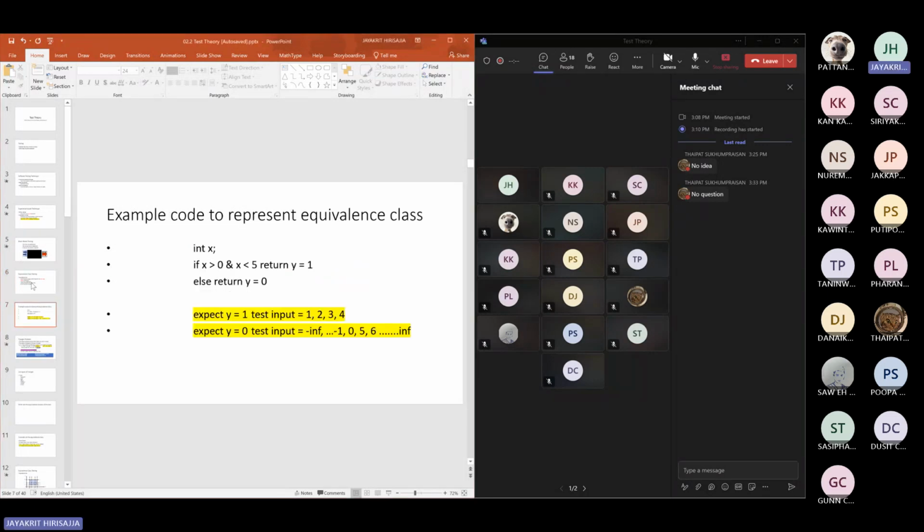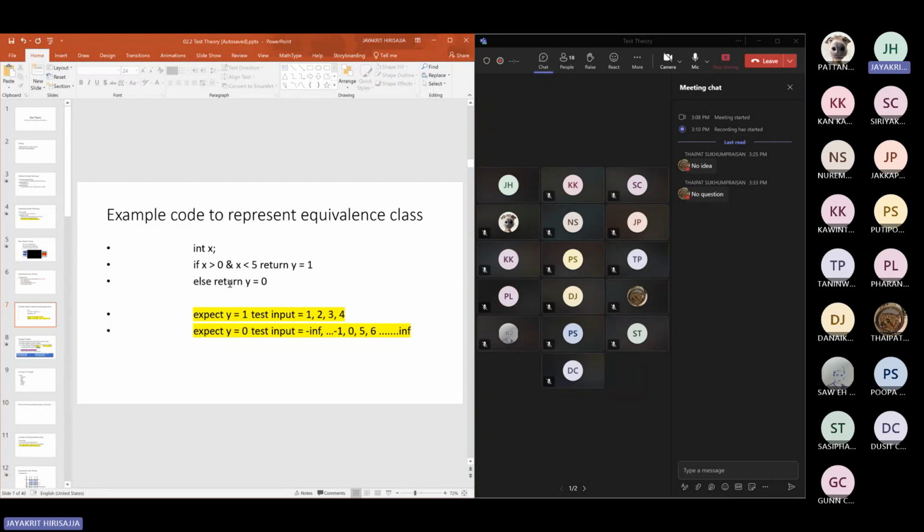Okay, this is my question. For this example, we have an int x in this program: if x is larger than 0 and x is less than 5, return y equal to 1.